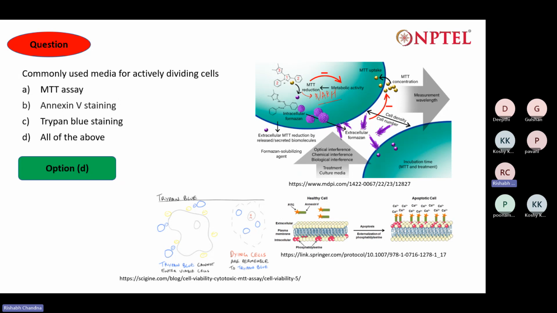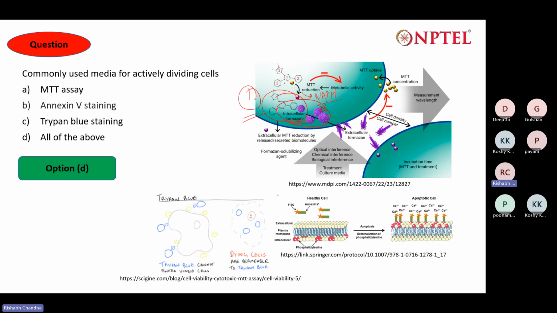The reductase will transfer electrons to this compound, and this will change its excitation wavelength, so it will be purple colored after that. So it will form formazan. If this purple colored compound is formed, then the cell is alive. Okay, so this is the MTT assay that I was talking about for cell viability testing.